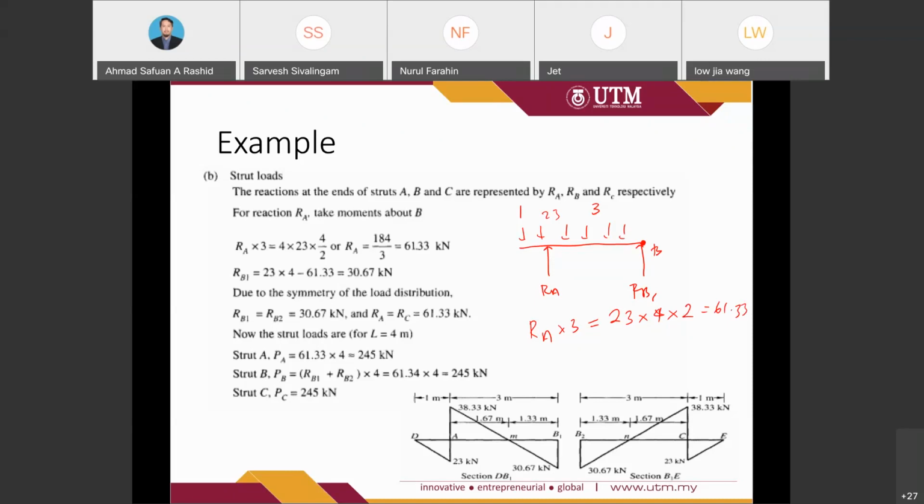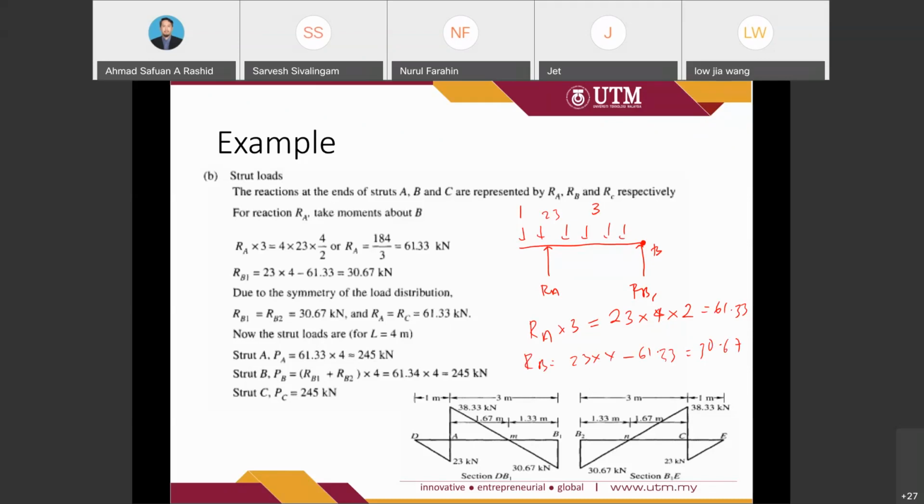Then for the RB, it is 23 times 4 minus 60.33, so equal to 30.67.